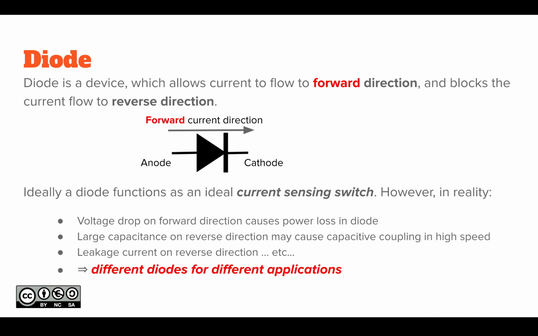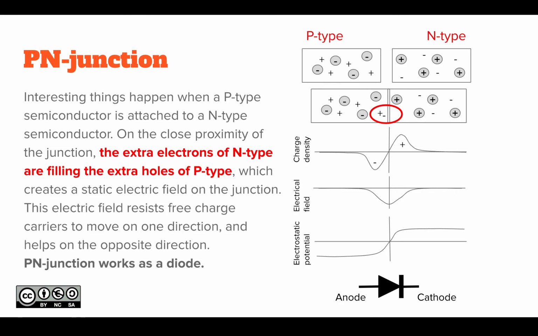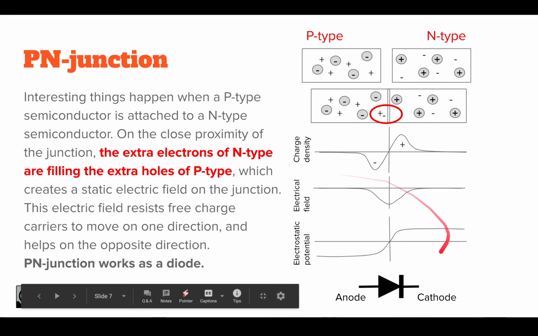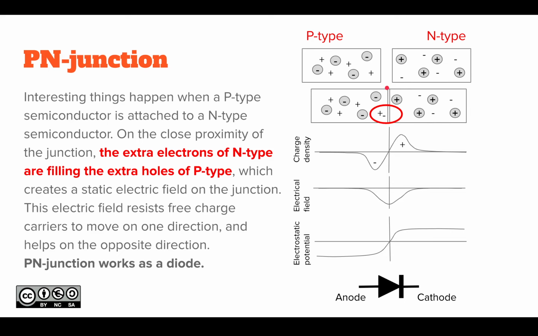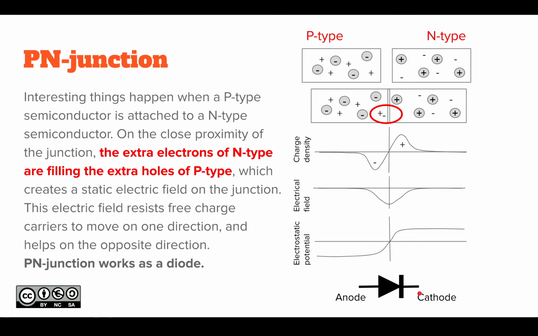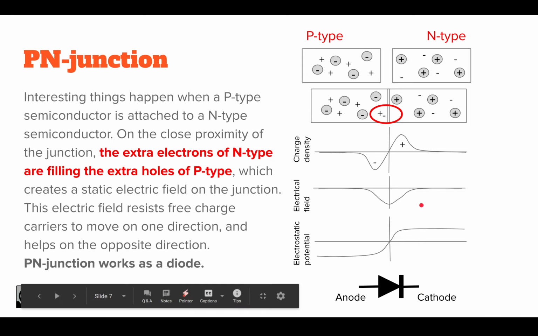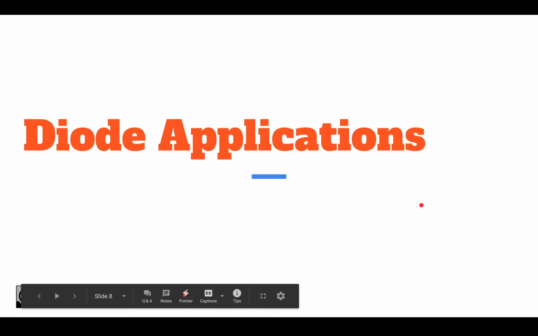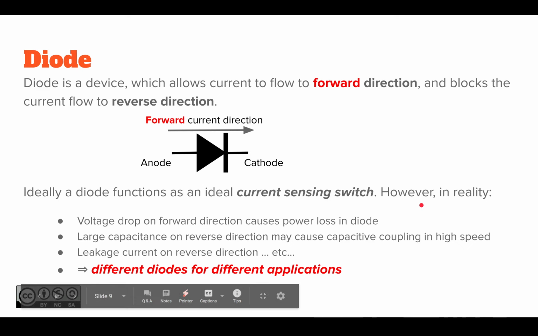So think of the picture here. This PN junction for big diodes is quite big in area. So practically, if you have a positive terminal on the cathode side, it also works as a capacitor.